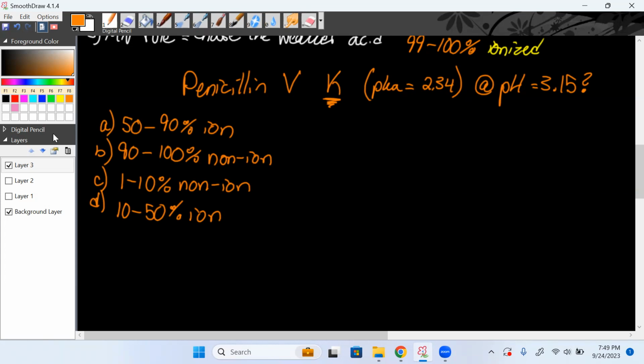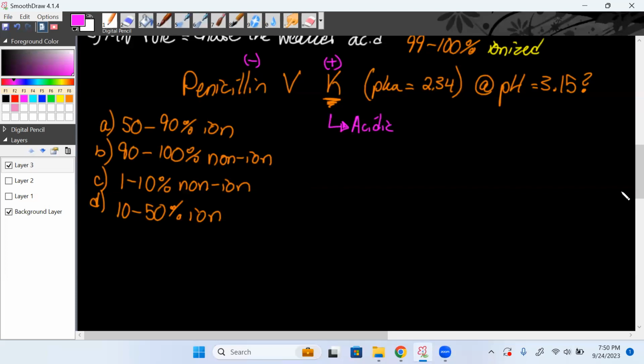All right. So first steps first is we have to determine what kind of drug we are working with. And what we see is that this is potassium. So this would be a positive ion, which means penicillin must be negative. And so what we have going on is an acidic drug.